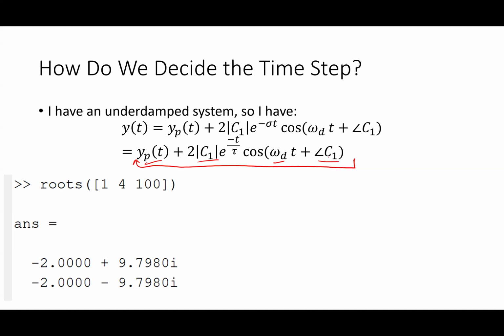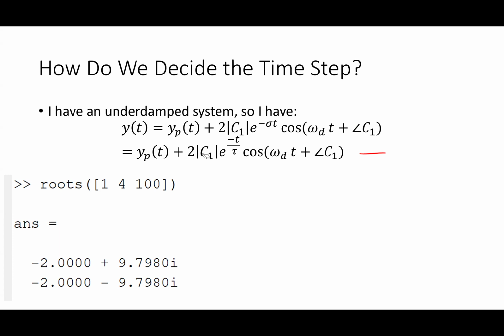What I know is that my response looks like this: it's got a decaying cosine. So in words, when I say it looks like a decaying cosine, what does that mean? The amplitude of this thing is being multiplied by e to the negative t over that. So in other words, the oscillations decay over time.